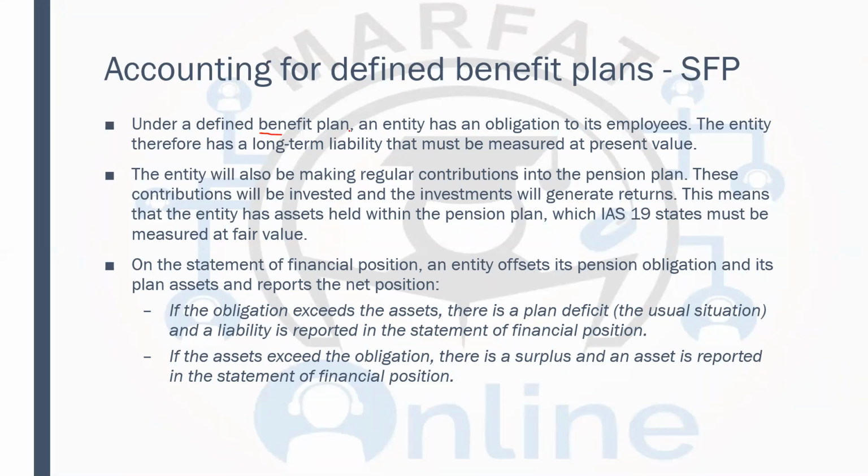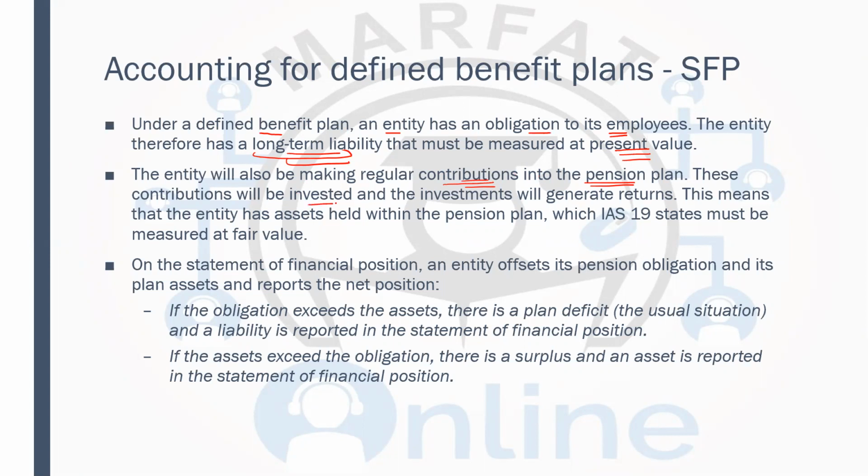So under a defined benefit plan, an entity has an obligation to its employees as they have guaranteed the amount to be paid. The entity therefore has a long-term liability because they will be paying that in the future. And when you have the long-term liability, it should be brought to the present value. The entity will also be making regular contributions, which are set by the actuary.